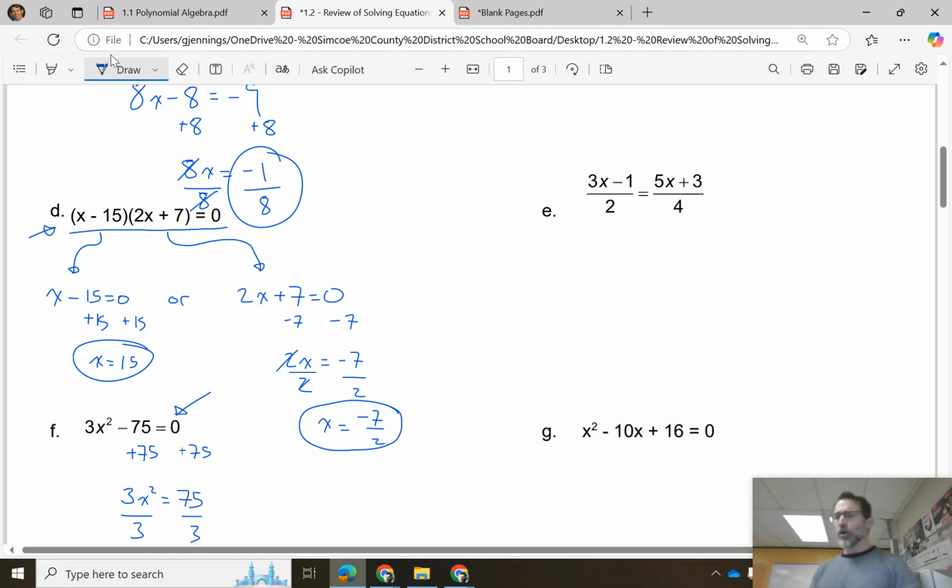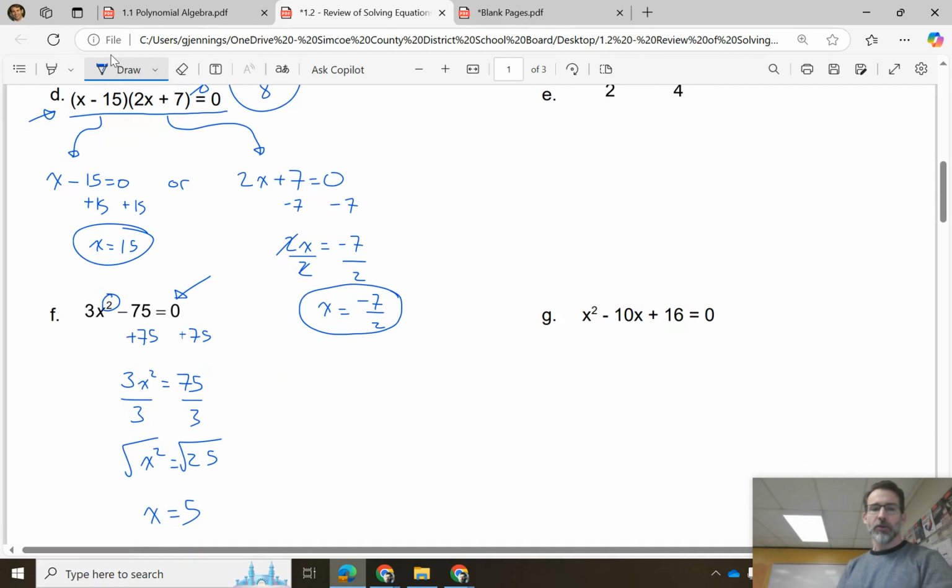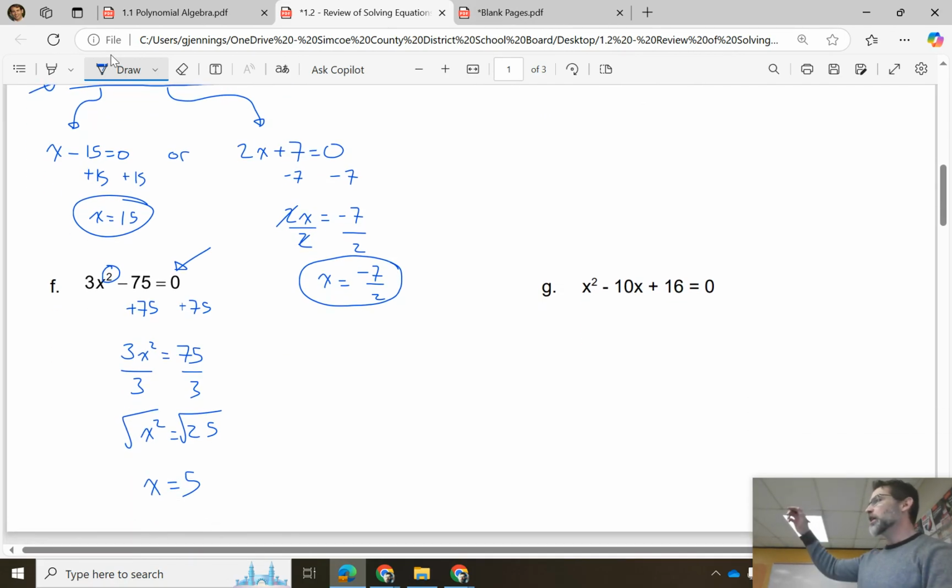Just like this one should have 2 solutions, and no one is pointing out the error I'm making yet with this one. The degree of the equation tells you the number of possible solutions. And x squared can have 2. What's my other solution if it's not 5? Wilson, do you remember? Something squared is 25? Sydney?